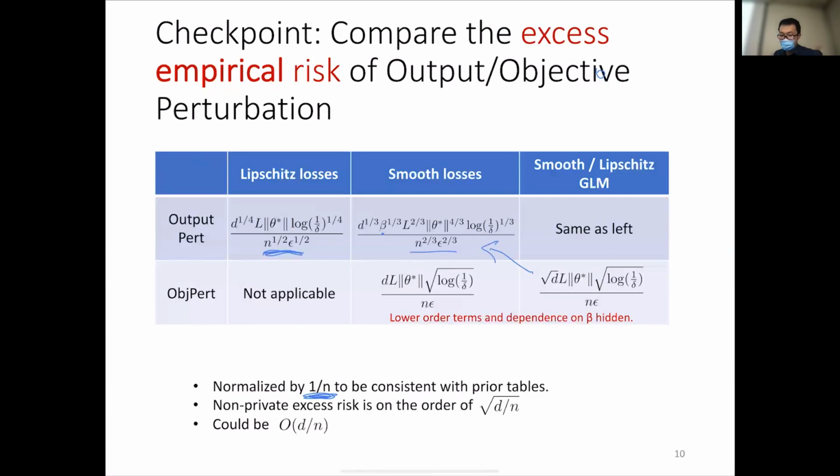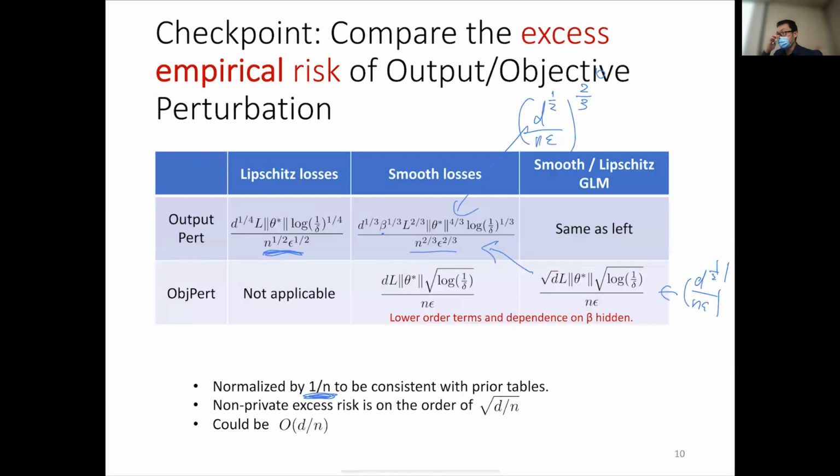So one way to think about this is to group square root of d over n epsilon together, and this one will be to the power of 2/3, and this one will be d to the power of 1.